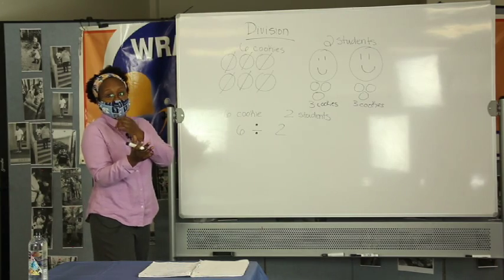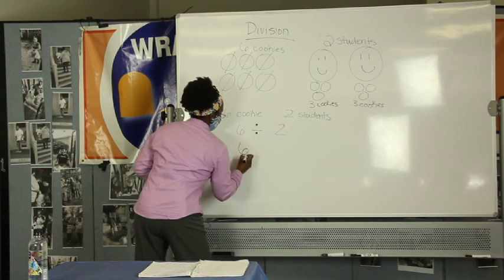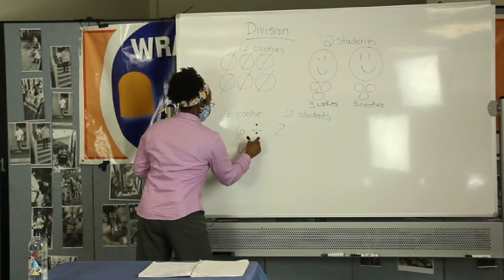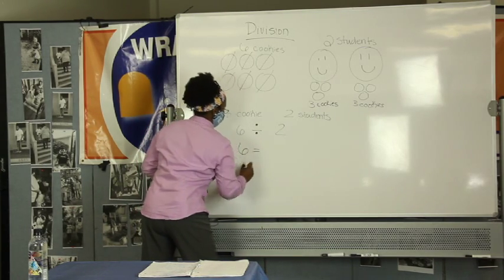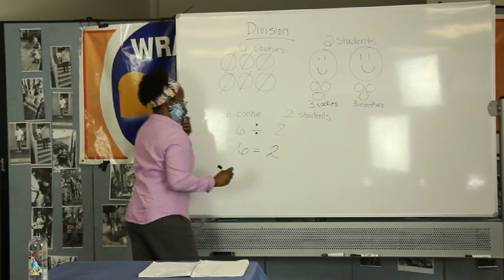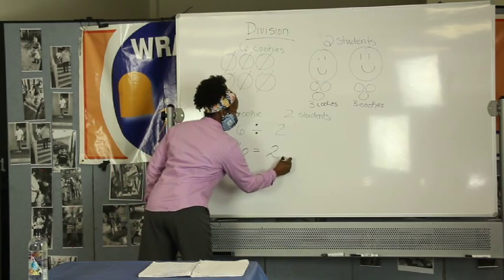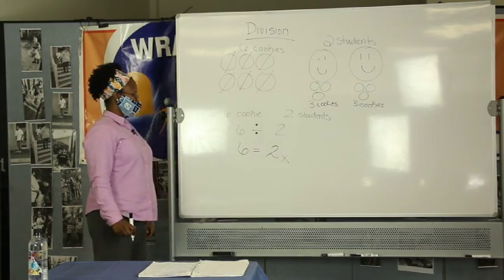It's the reverse. So let's reverse it and instead make the division sign an equal sign. And now I'm going to change this to multiplication. So just to remind myself, I'm going to put times.